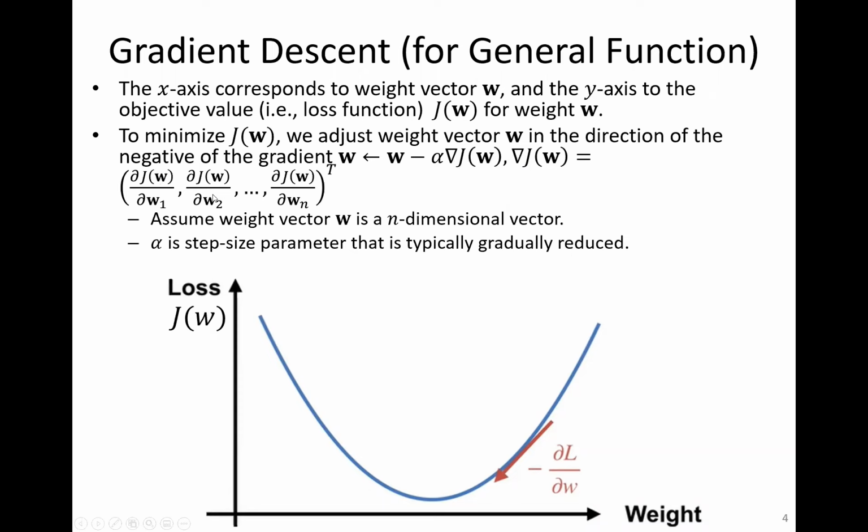The W1, W2 are not vectors; these are elements of the weight vector. And alpha is the step size parameter. Typically, it's gradually reduced as you run the gradient descent.